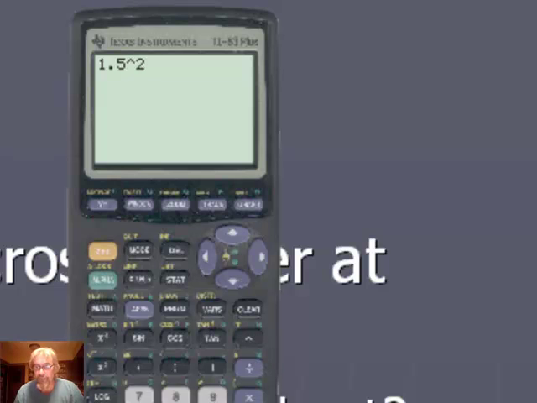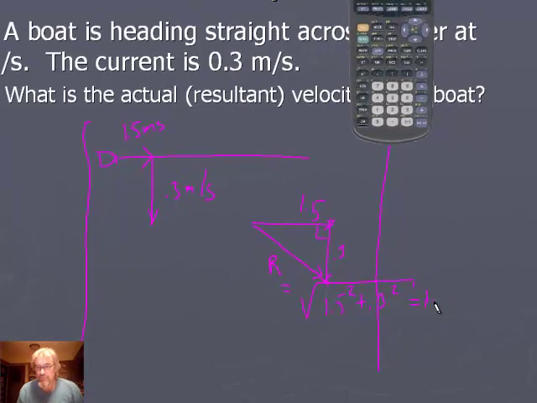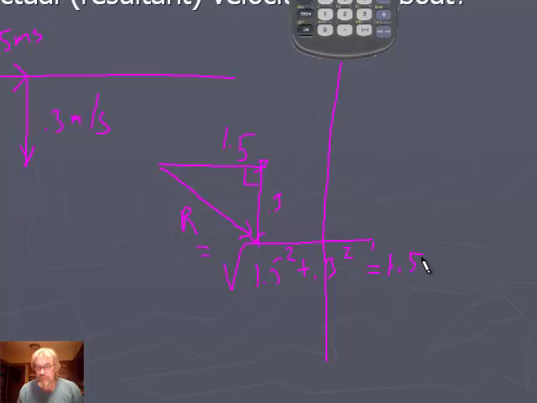Get our answer, take the square root, and so we know our resultant speed. It is 1.53, just a little bit faster actually than the boat can actually go, but it's not going straight across the river at the boat's speed.